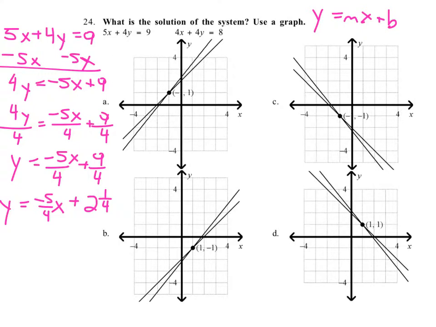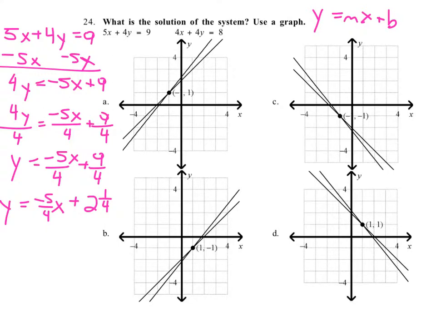I'm going to erase the work and write this up top. But that might be a little bit trickier for you to graph, in which case I will show you what the other one is when you isolate y and write it into slope-intercept form. And you can see that that one's actually an easier one to graph.